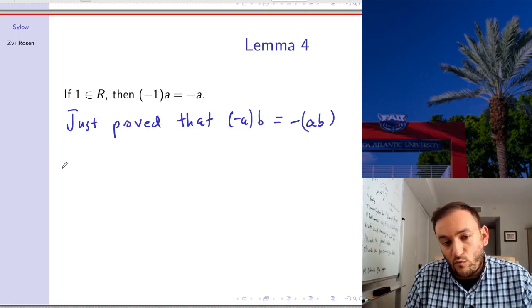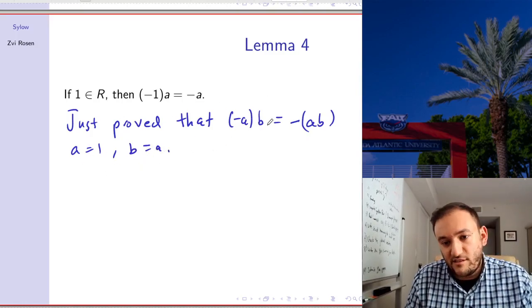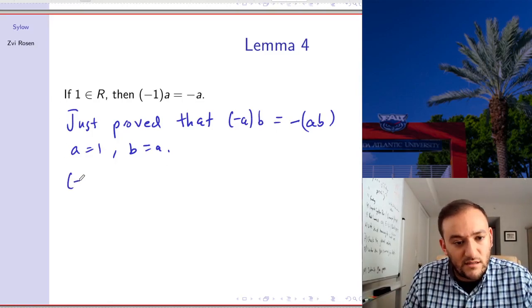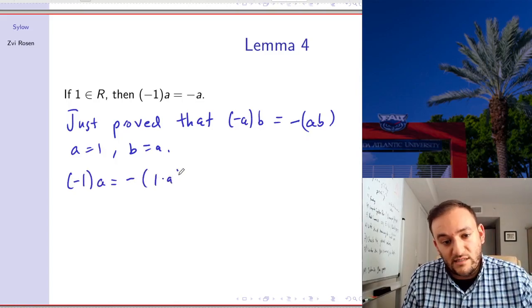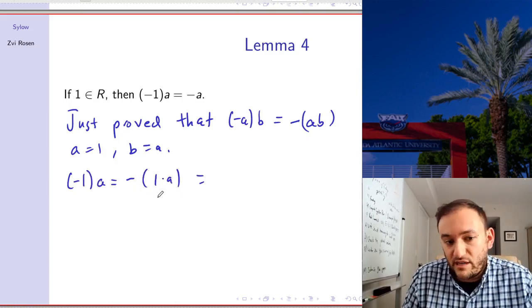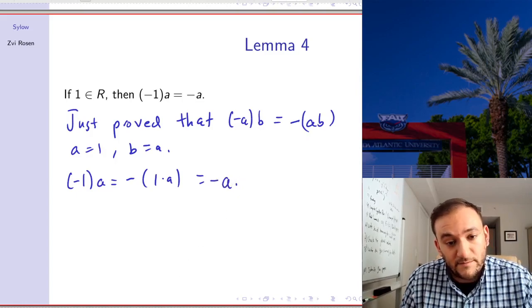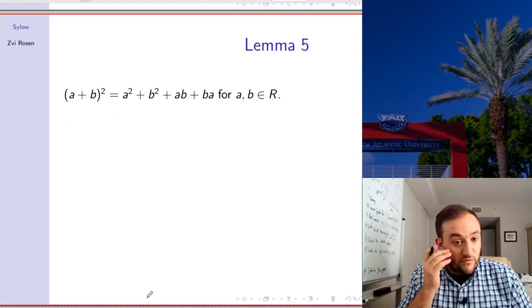So just take a equals 1 and b equals a. Not this a, but the symbol a in this last equation. And what we get is minus 1 times a equals minus a, because the multiplicative identity gives me minus a. That's straightforward.